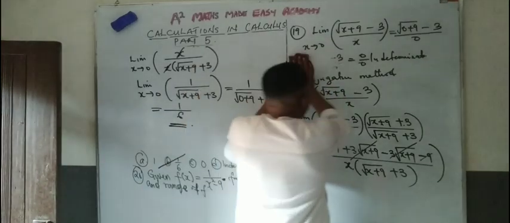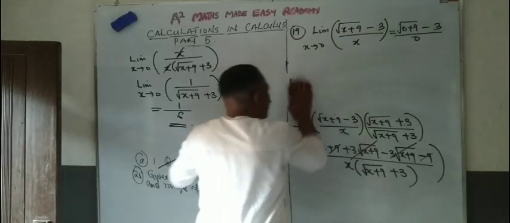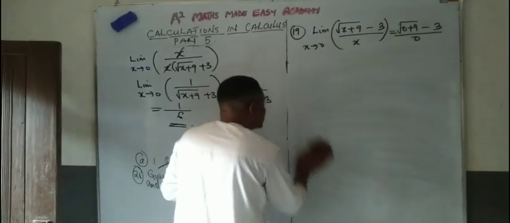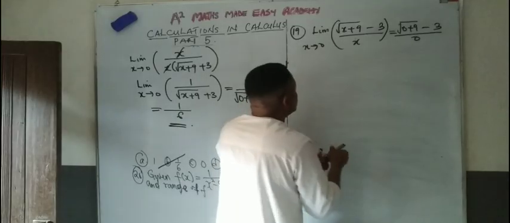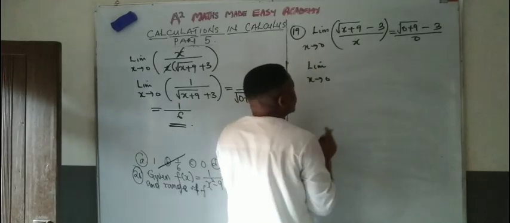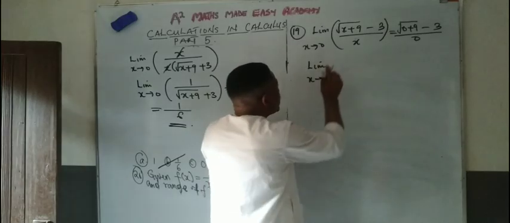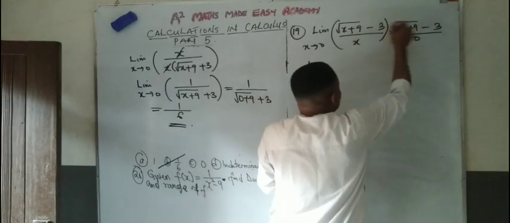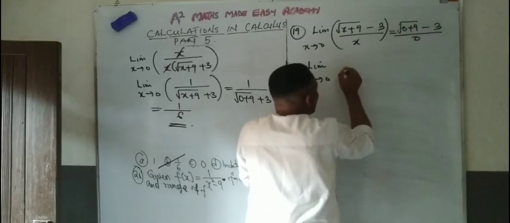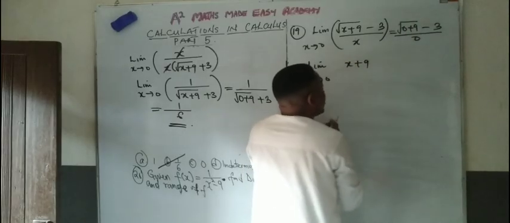Are you with me? Having known that this thing is now 0 over 0, I don't need to stress myself again because it is objective. All I'm going to do, look up, is to conjugate, which is limit as x approaches 0. I already know that if I conjugate this thing, it will change to plus. This one multiplied by this will just give me x plus 9. Are you with me now?